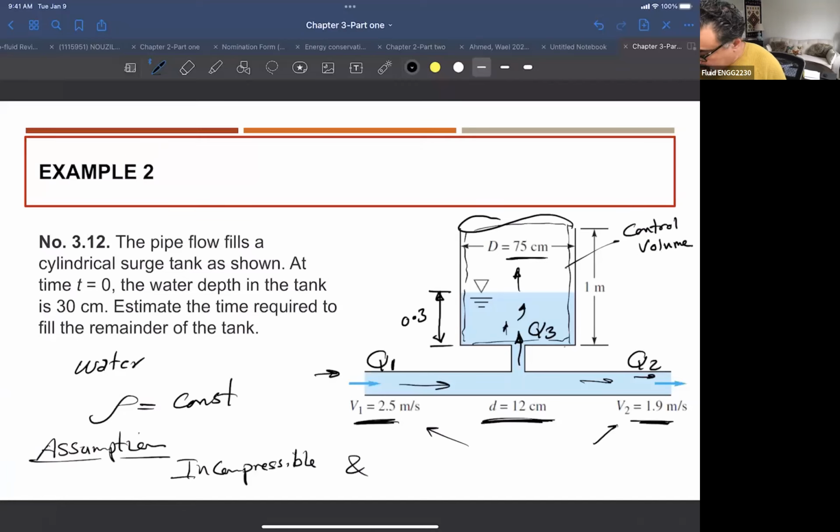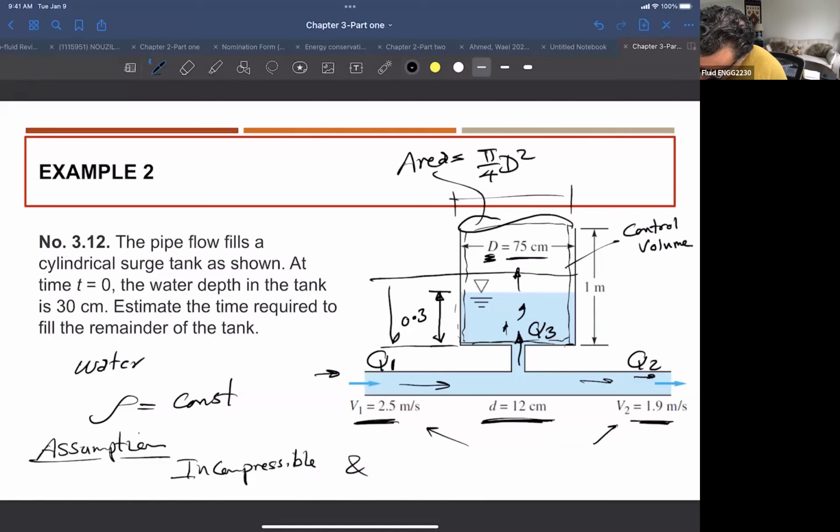What is the mass initially inside this control volume? Remember, this is your diameter, so the area here is pi over 4 D squared, and it is filled with this 0.3 at any time. This is your H, the head inside the tank.